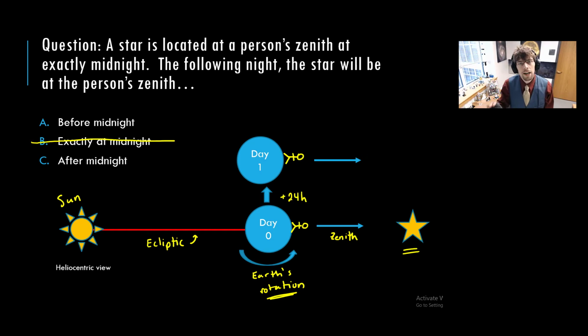Okay? So now we have to figure out, is it before midnight or is it after midnight? And that's where we need to look at the Earth's rotation. Which way is the Earth rotating?